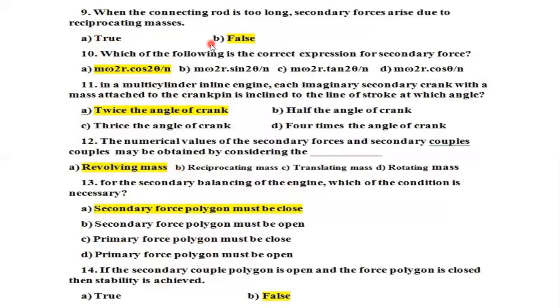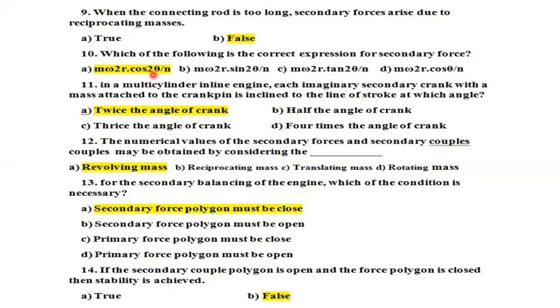In the next question, when the obliquity of the connecting rod is taken into consideration, which means it's not too long, we can't say that the secondary forces occur only because the connecting rod is too long. So it's actually a false statement. We'll go to the next question.